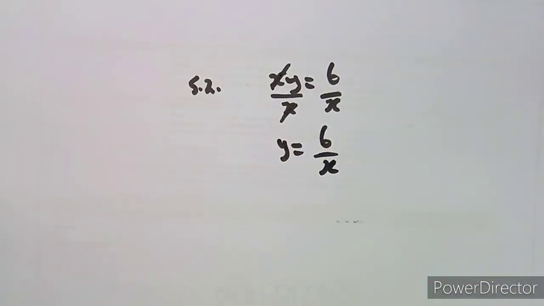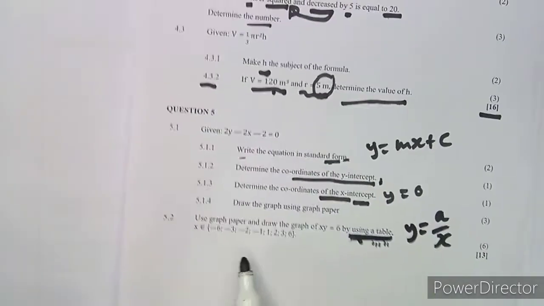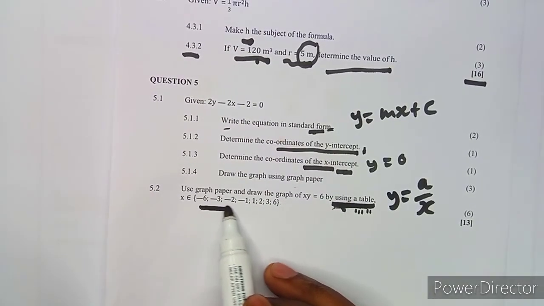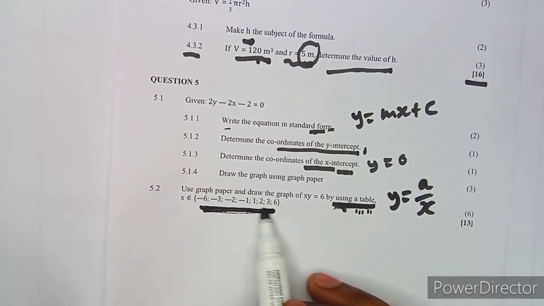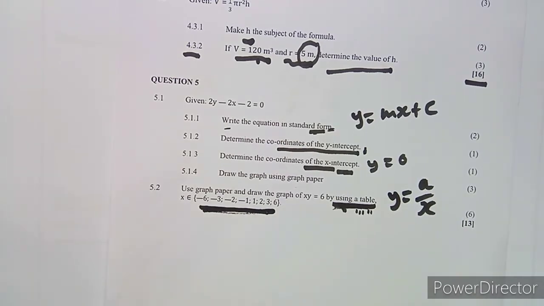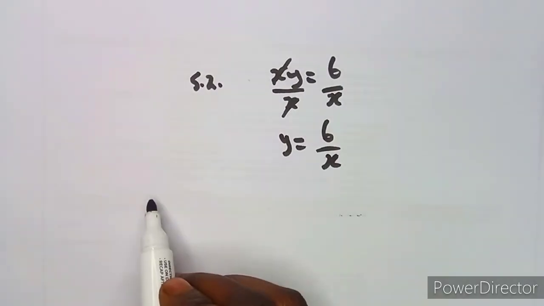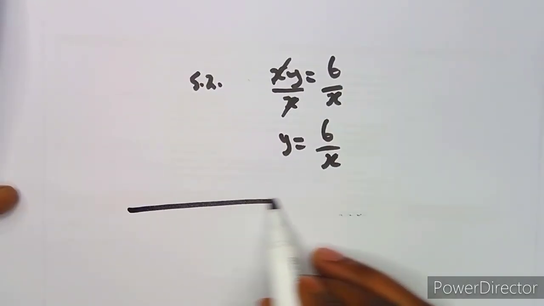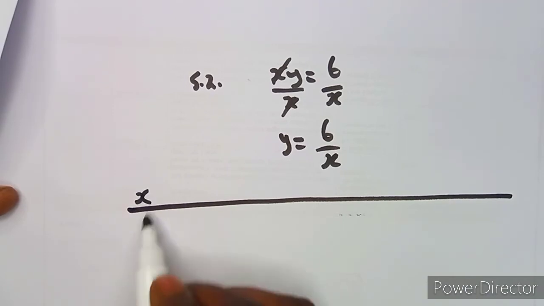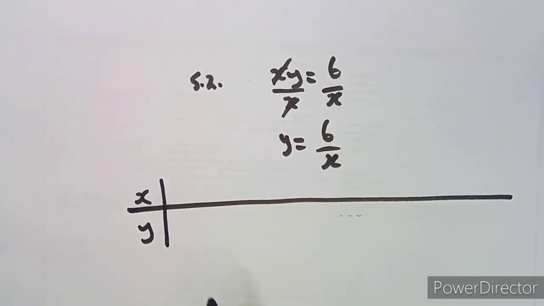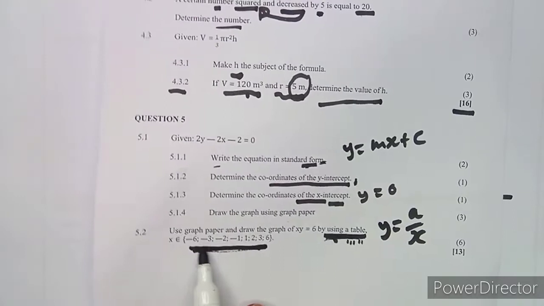All right, so now you can draw the table from these values of x from minus 6 up to 6, the ones that we are given here. All right, so let's just mark the points, guys. Let's just put a table here. We have got x and y like this. All right, so the values, we take these values as they are.